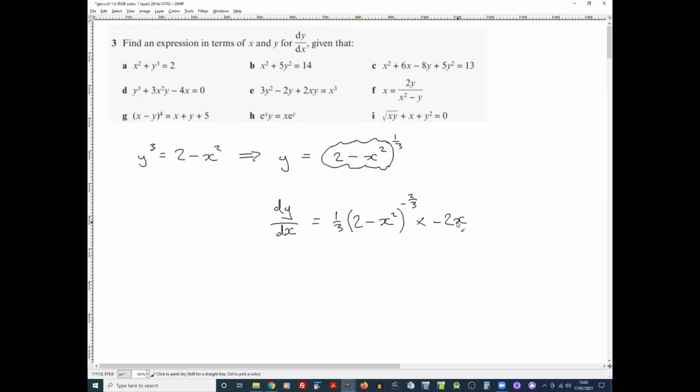Yeah, good. And then we could simplify it by all means: minus 2/3 x of the same thing.